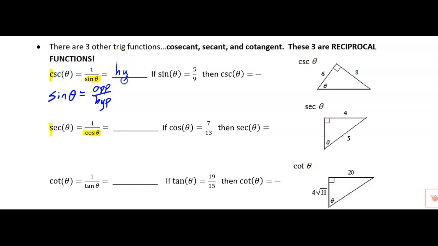So hypotenuse over the opposite side, okay? If my sine value happens to be 5 over 9, so if I found the sine value, then how would I find the cosecant value? What's the cosecant then? Okay, essentially reciprocal. So take the same numbers except doing the opposite way, because there's 6 different possibilities of organization.